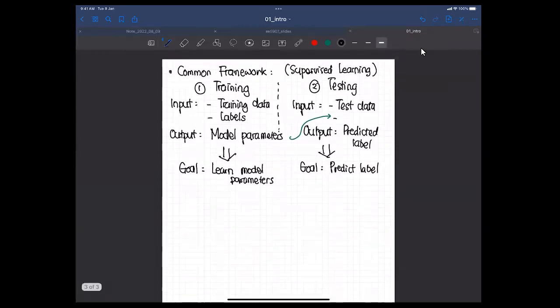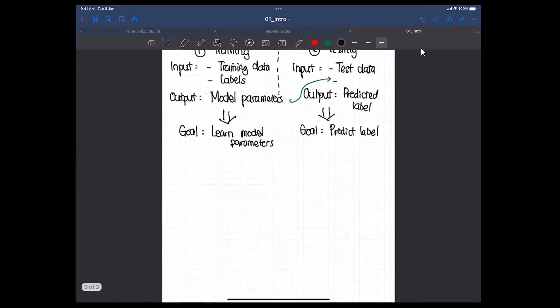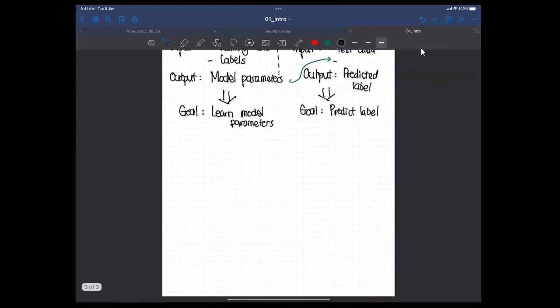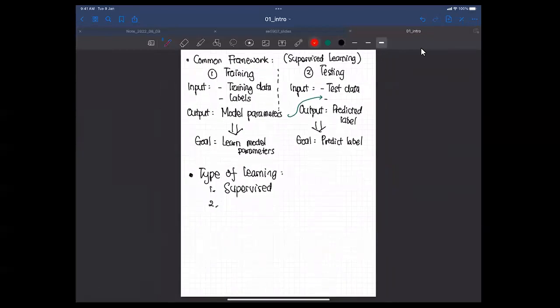Right. If not, let's continue with the types of learning. I already mentioned that one of the types of learning is supervised learning. Supervised means that you have the label there.